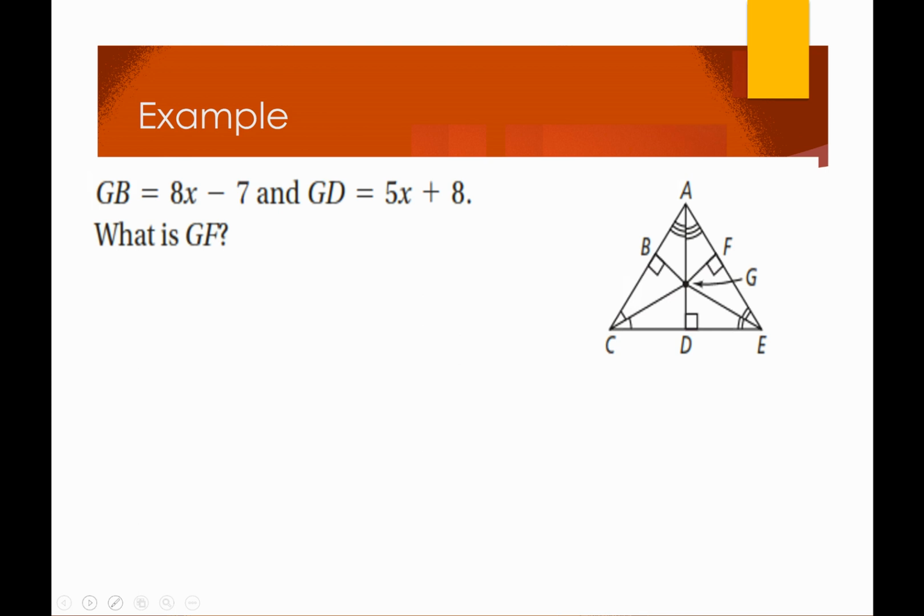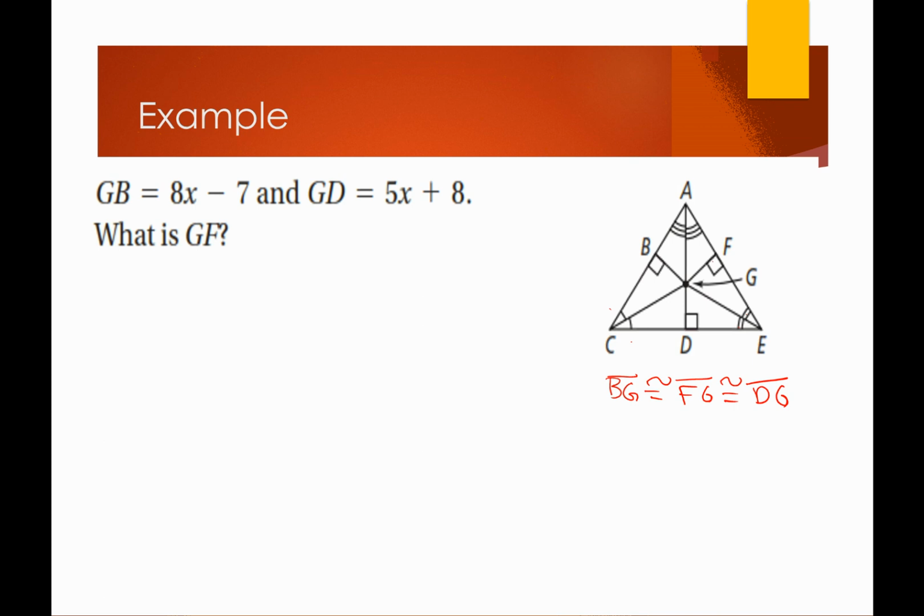So if I look at my diagram, I can see that all of my angles are bisected because they're congruent. I've got my perpendiculars, so I know that BG is congruent to FG, which would be congruent to DG.